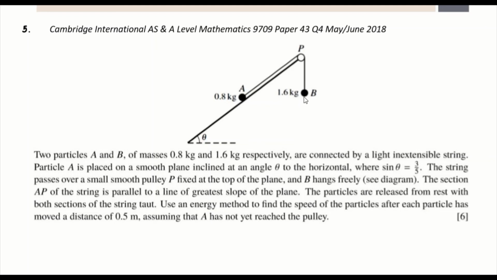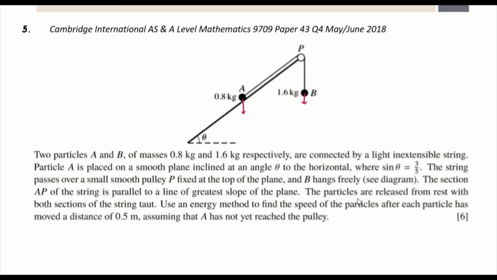Let us denote first the weight here and the weight here. Particle A is placed on a smooth plane, so there's no friction. The angle is given by sine theta equals 3/5. The string passes over a small smooth pulley P, and B hangs freely.